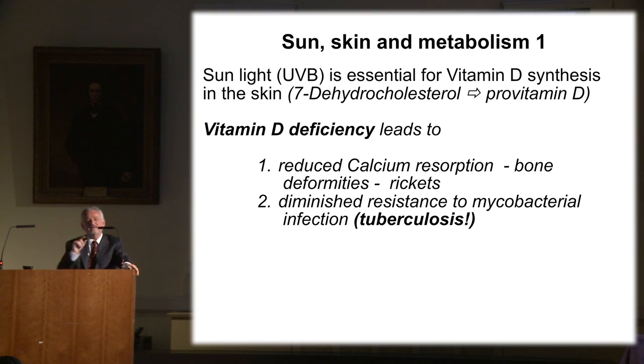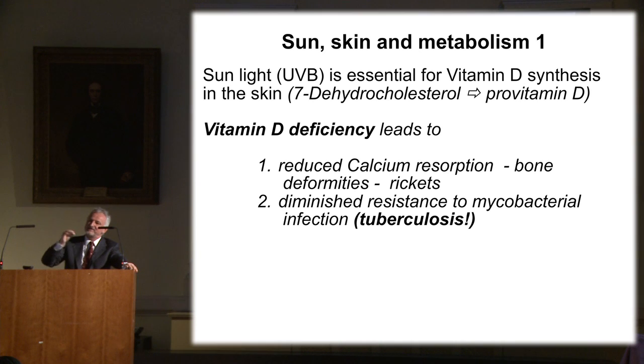Only in the last 10 years it became apparent that vitamin D is a critical factor in our defense against bacterial infections, in particular against mycobacterial infections. And there are now trials going on that combine tuberculostatic treatments with vitamin D, and this has improved outcomes.